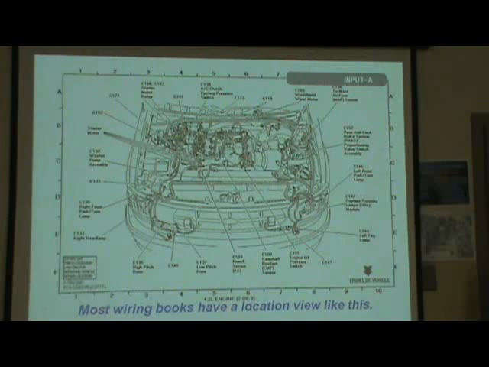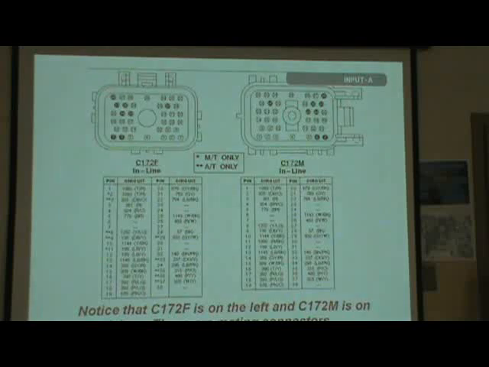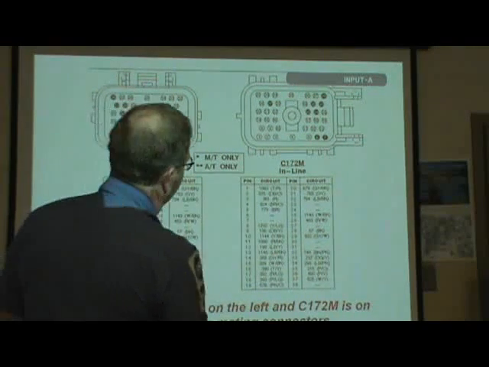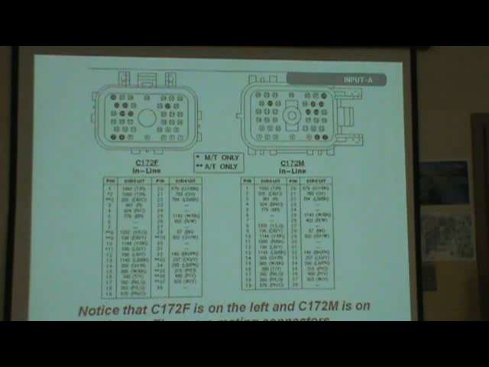Top middle. There it is. See that connector? Using the numbers and letters at A6. And then you can also pull up an inline picture of that connector. Notice that C172F is on the left, and this is female, that's male, and on the right, these are mating connectors, right?